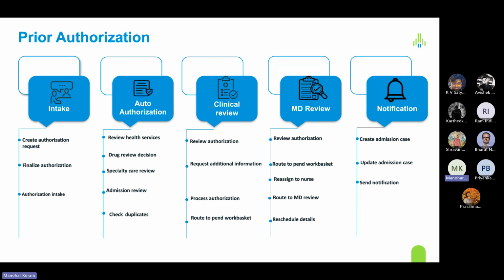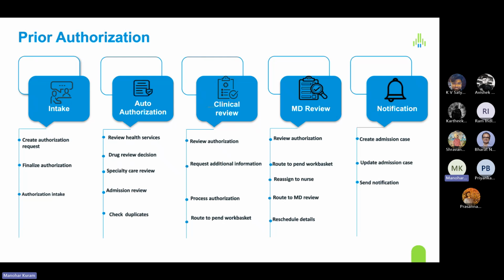In clinical review, we attach the clinical guidelines and the request is further processed for MD review. In MD review, the request can be approved or rejected. In notification, it can be opted out for the member, and an admission case gets created. This is the high level architecture of prior authorization.